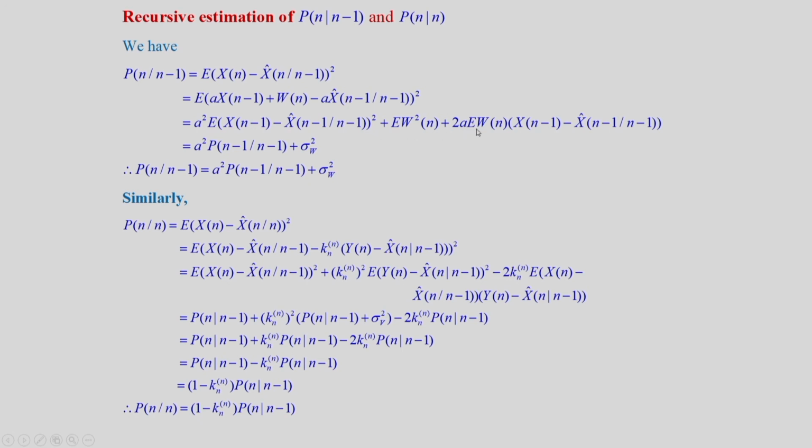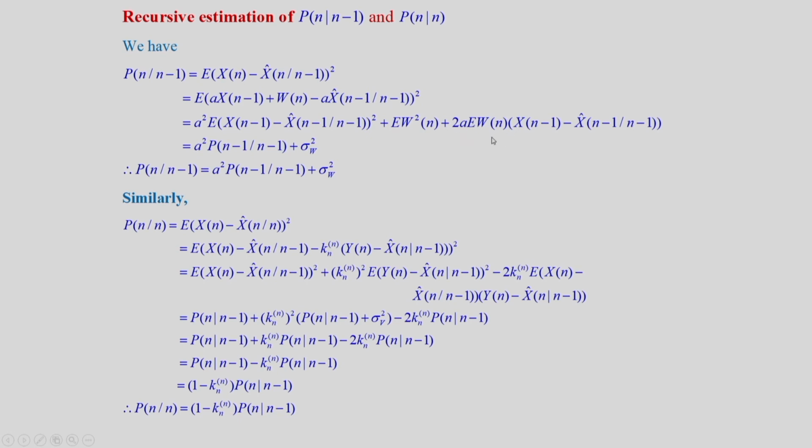So, that way 2a into E of w n into x of n minus 1 minus x hat n minus 1 given n minus 1. Now, this first term, it is the mean square estimation error at instant n minus 1. Therefore, this is P of n minus 1 given n minus 1, and E of w square n is equal to sigma w square. Now, let us examine this expression.